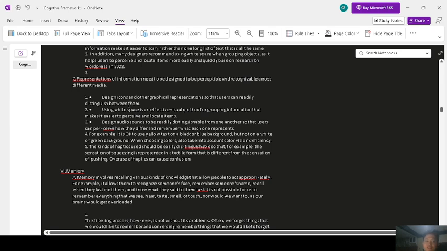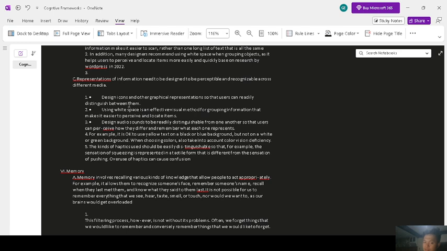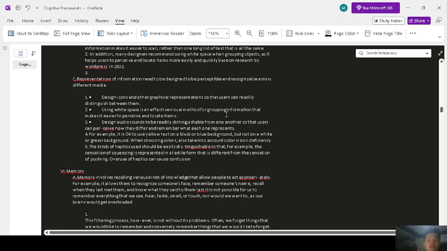Design icons and other graphical representations so that users can readily distinguish between them. Using white space is an effective visual method for grouping information that makes it easier to perceive and locate items. So locating items is a type of recall cognition, which takes a lot of cognitive load.